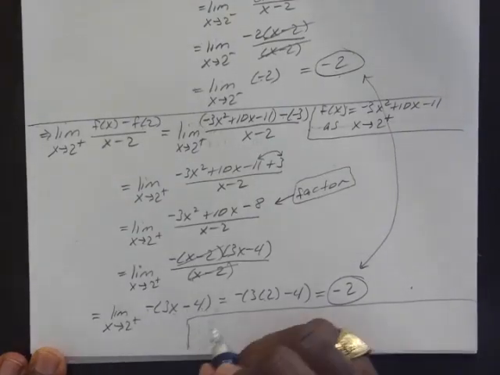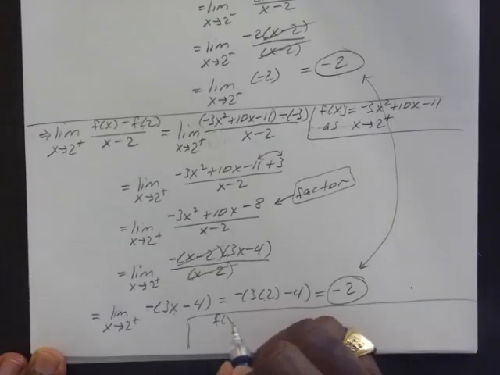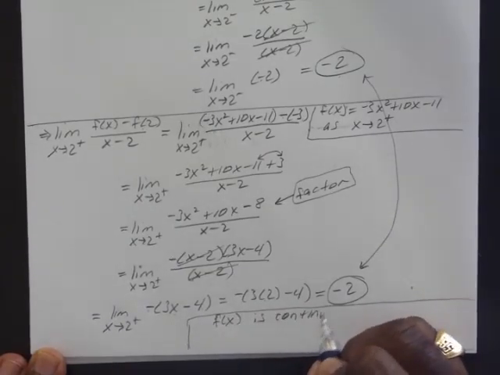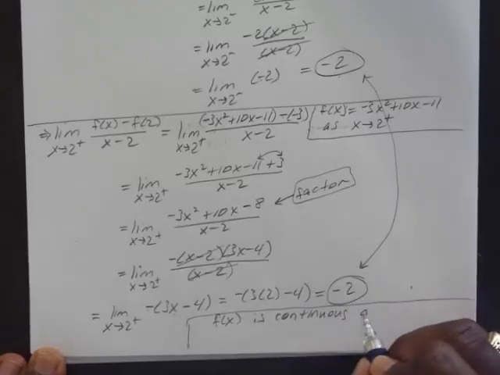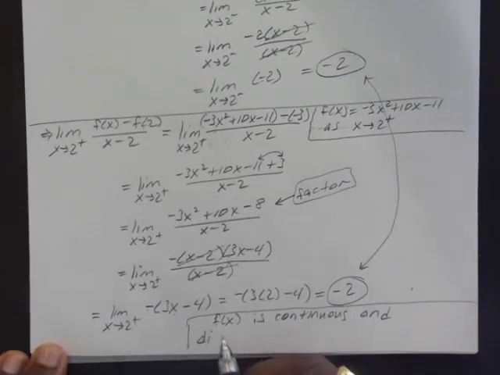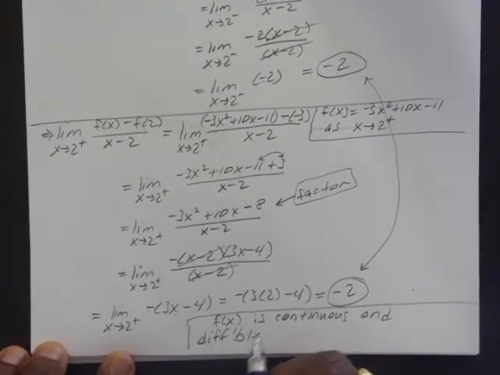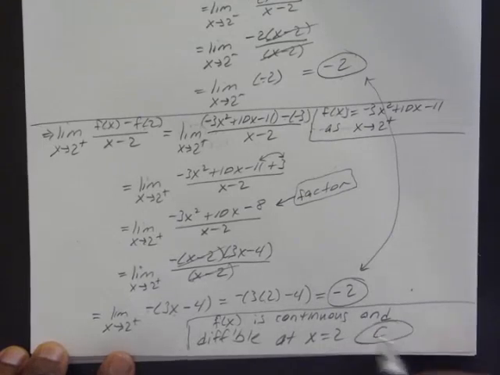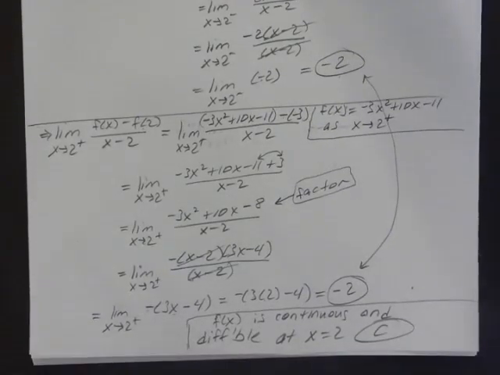Okay, so we can see that our function f of x is continuous and differentiable at x equals 2. So the answer for that one would be C. Okay, are there any questions on that one?